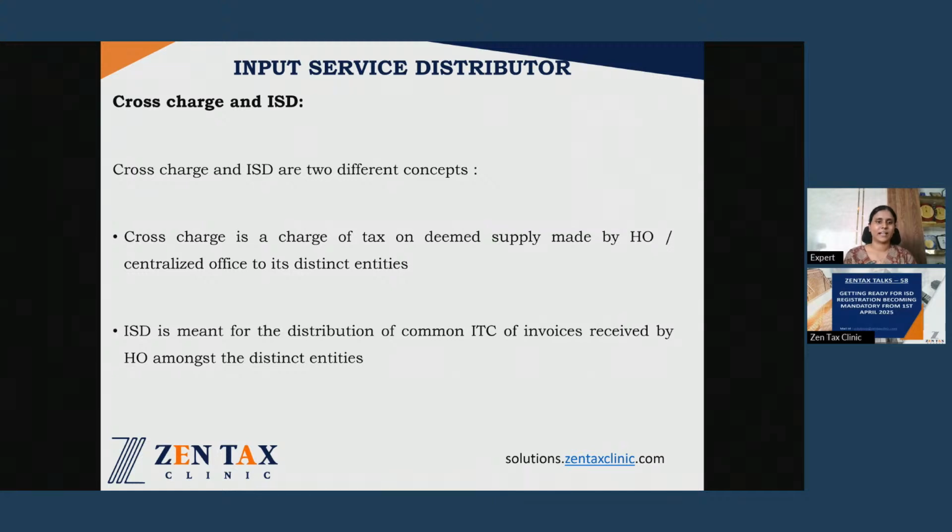Cross charge is a charge on tax or on deemed supply made by the HO or centralized office to its distinct entities. In case of any deemed supply, cross charge provisions will be applicable. The ISD is meant for the distribution of common ITC of invoices received by the HO among its distinct entities.